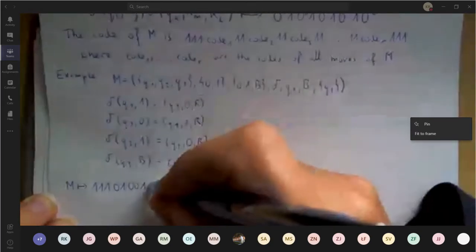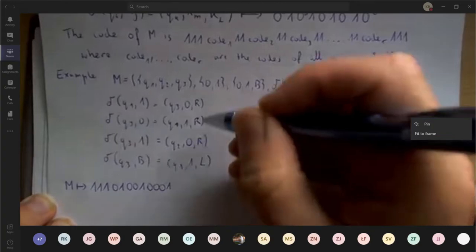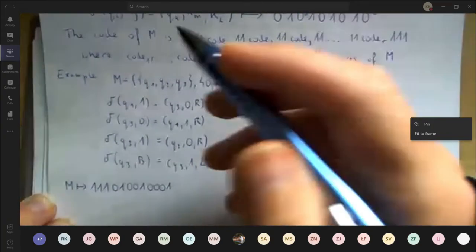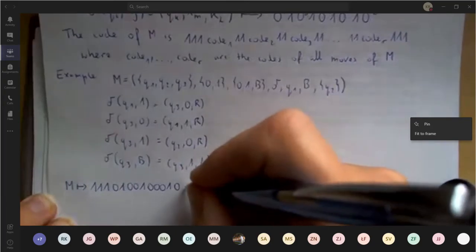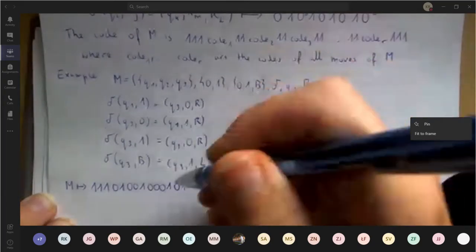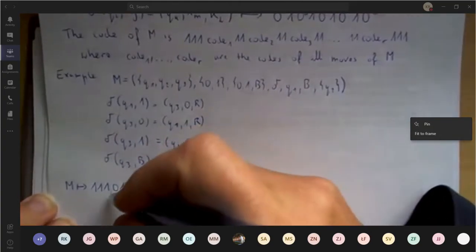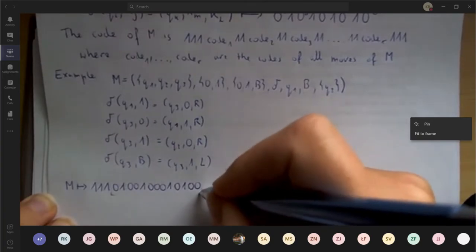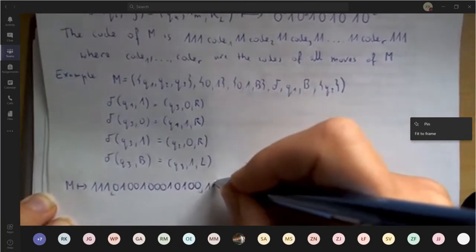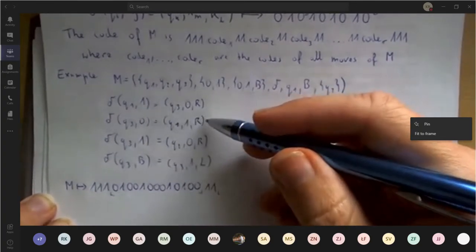Q3, so 3 zeros. 1 0. We have denoted 0 with x1, so this is 1 0. And we have denoted R with k2, so 2 zeros. Okay, so this is the first move of M.